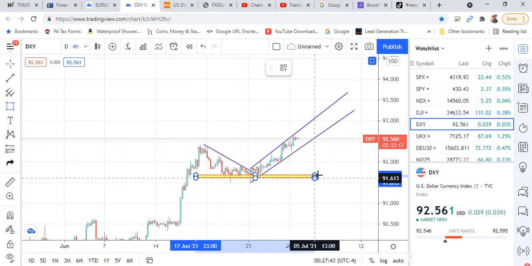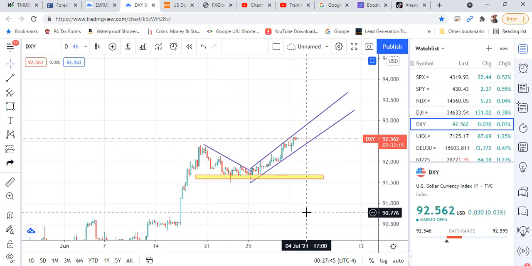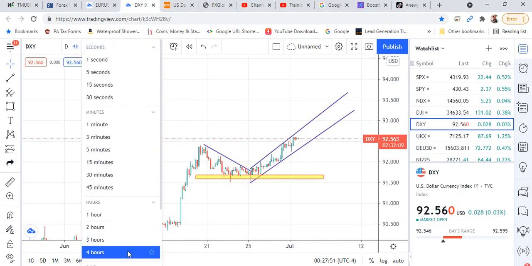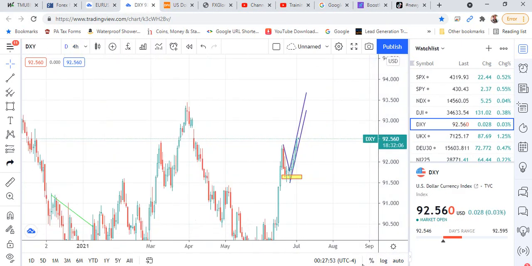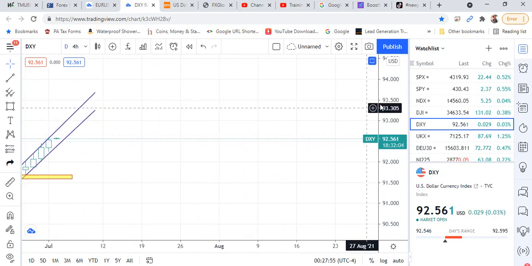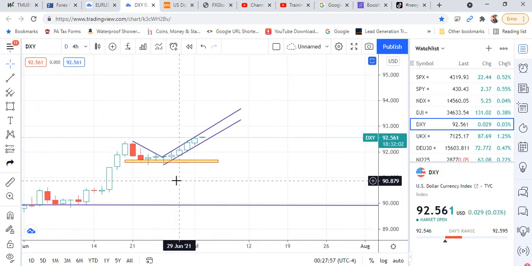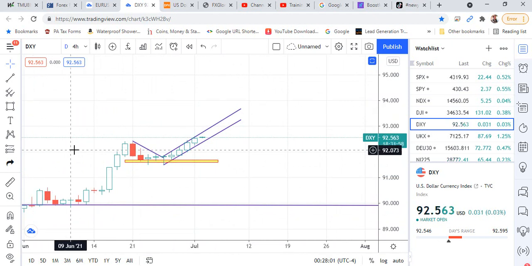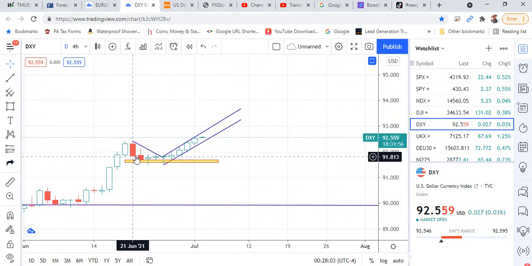So I would say, as long as the DXY stays above here, I think it has a shot of Euro USD keep breaking down. I think that's pretty much where we stand right now. And you can even see, that's how I see it. And that's really, I think, what's happening right now.